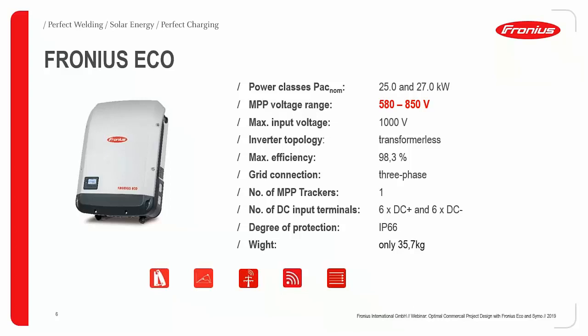Now if you look at the MPP voltage range, you can see it is a narrow MPP voltage range from 580 to 850 volt, because we are not using the DC booster for this inverter. So the Eco inverter weight is very low, only 35.7 kilo, and it has just one MPP tracker. I will explain the reason in more detail in my next slides.